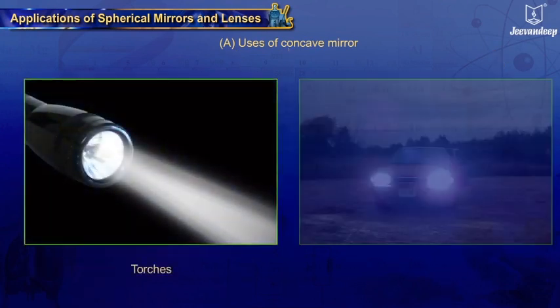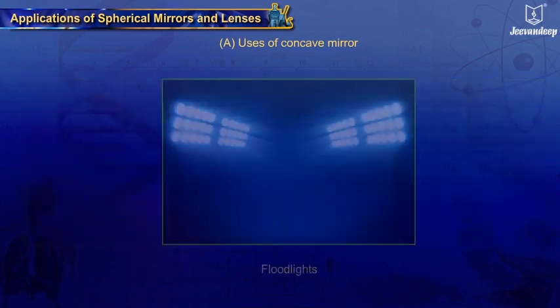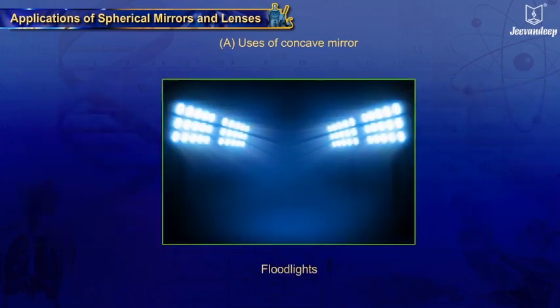In torches and headlights, a parallel beam of light is obtained by keeping the source of light at the focus. In floodlights, in order to get an intense beam of light, the source of light is placed just beyond the center of curvature.